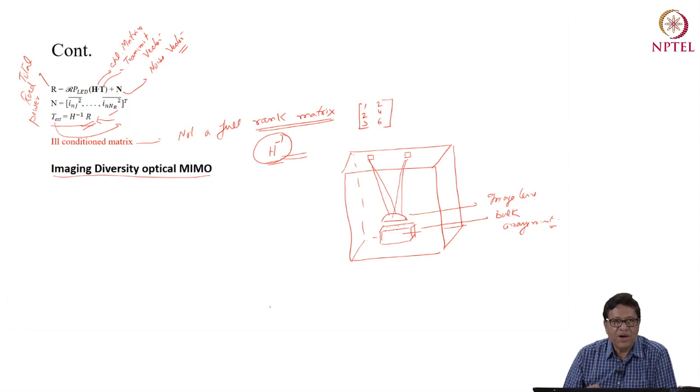And that is the main requirement of MIMO, so that you are able to find out H inverse easily. And the noise also does not get amplified. So that's the advantage of using imaging diversity optical MIMO.